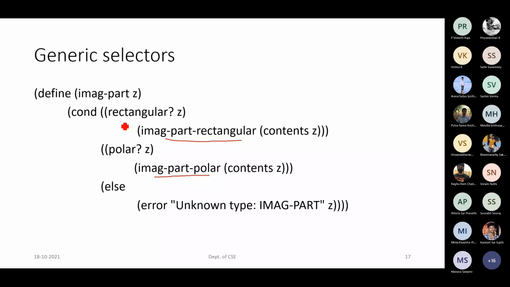That is based on this rectangle question mark, which we have defined just in the last to last slides. Similarly, the polar procedure, which will return true or false. So based on this, it will be calling either imaginary part of rectangle or imaginary part of polar. If these two conditions are not satisfied, then an error message will be raised.